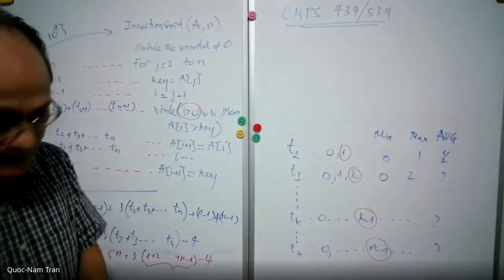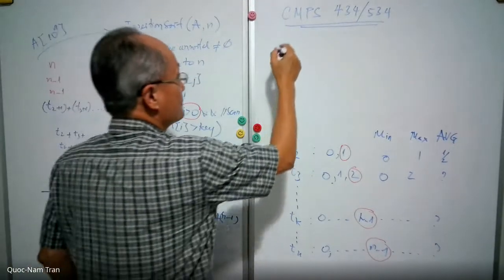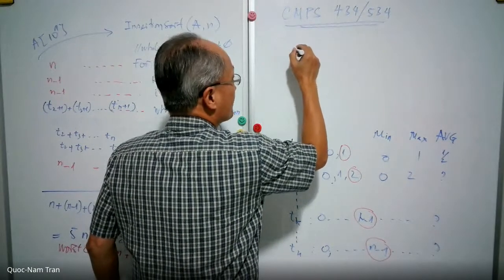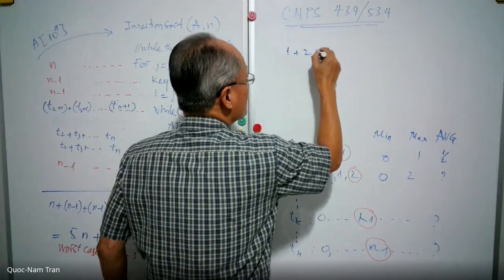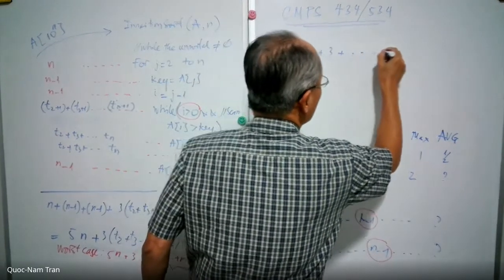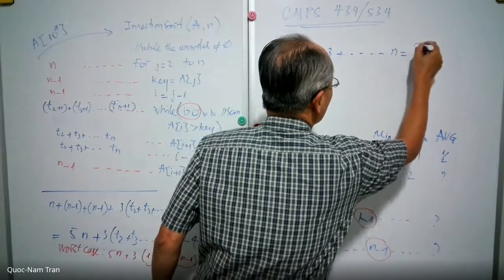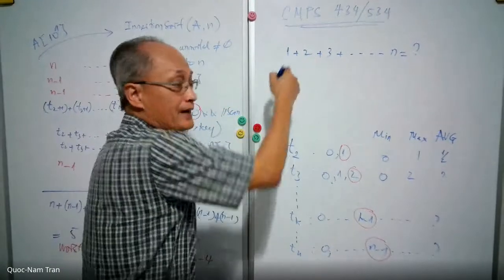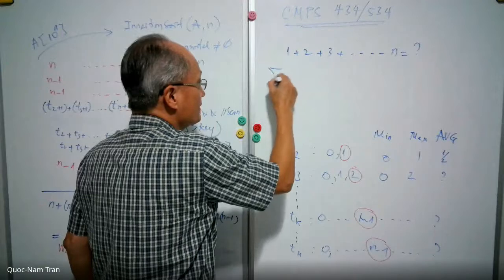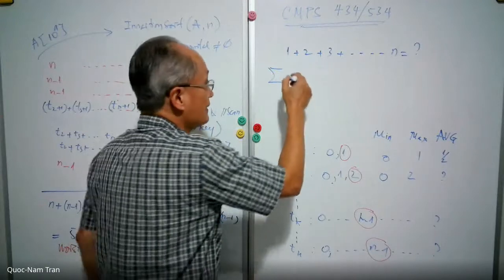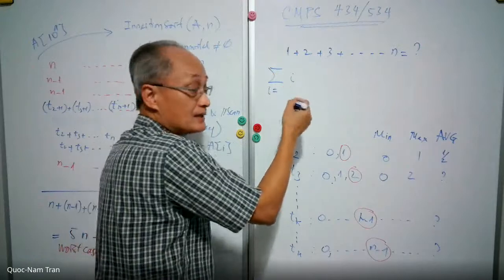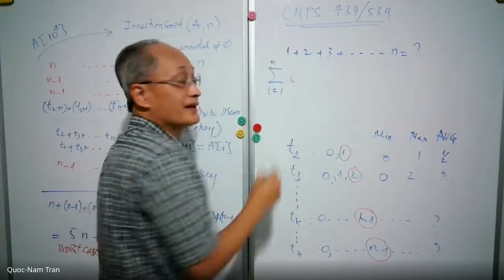So when you learn about the summation, and you have, for example, 1 plus 2 plus 3 plus n, what is it? In fact, when we write this in terms of the summation, it is the sigma of i for i from, say, 1 to n, right?